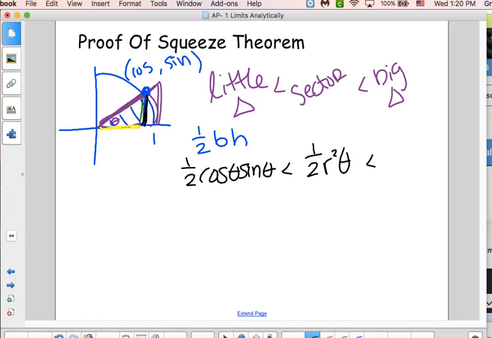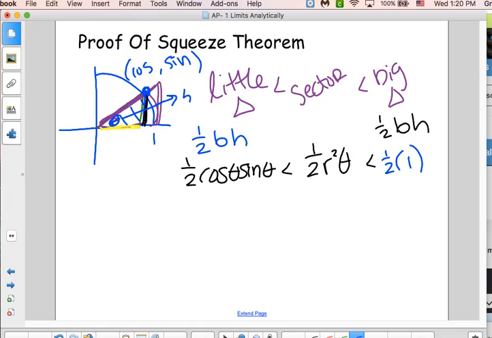And now we have the big triangle. In the big triangle, again, it's going to be 1/2 base times height. One of those we know for sure because we're on a unit circle: the base. We for sure know there's a 1 in there. And then its height. We are all coming from the same central angle. From this angle, how would you describe that height?